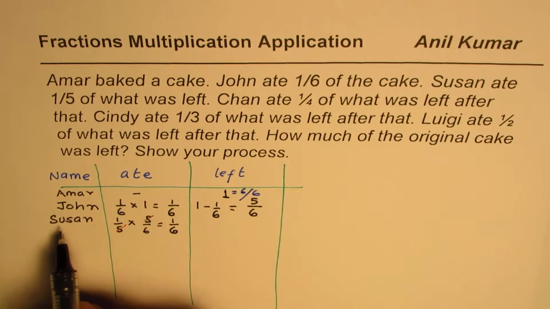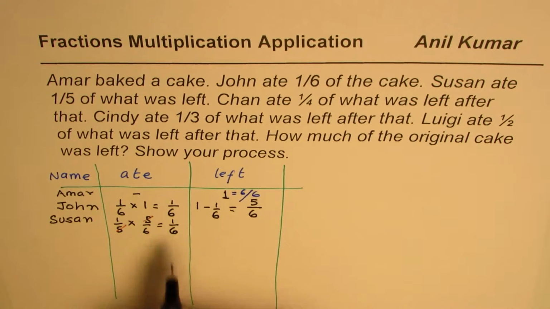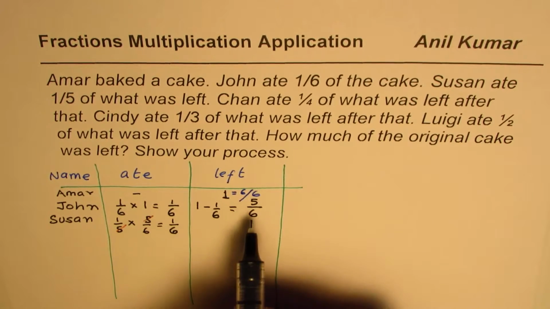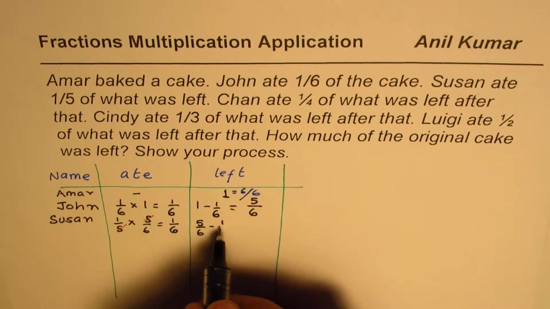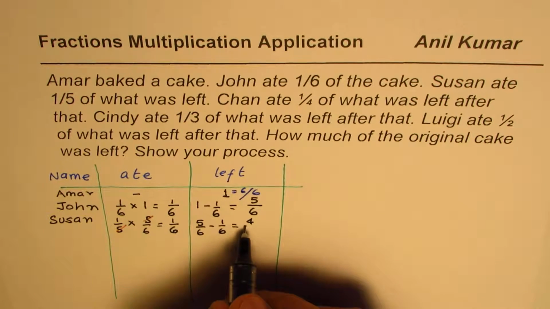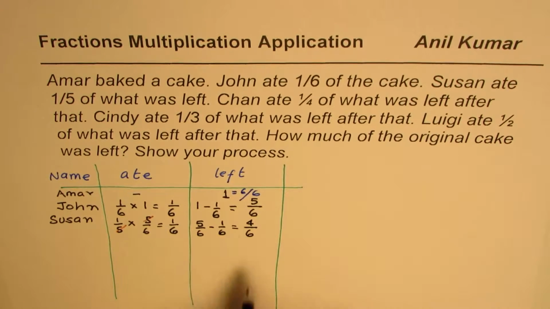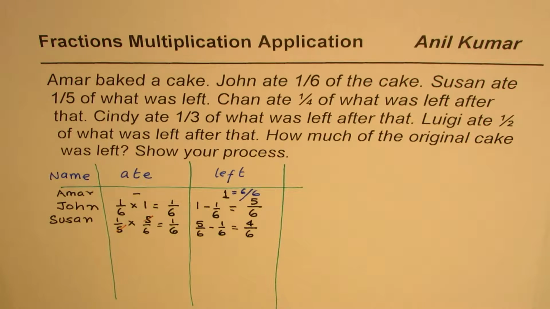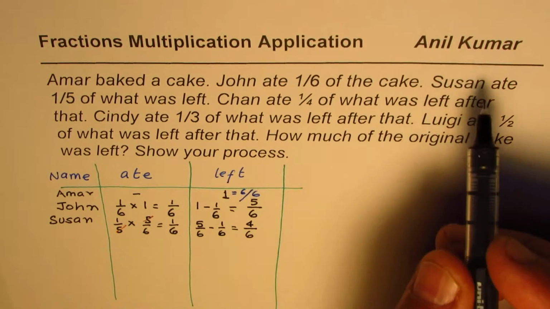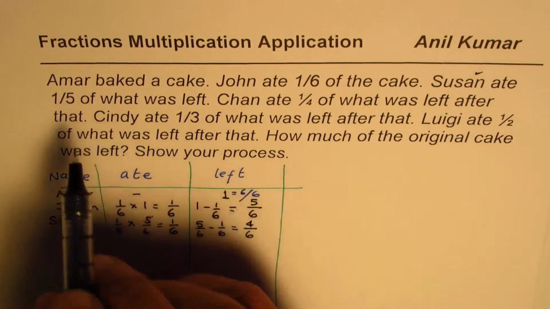So Susan also ate 1/6. Now what is left? It is 5/6 minus 1/6. 5 minus 1 is 4, so we'll write 4/6. I'm not going to simplify this because we need denominator 6 to do addition and subtraction. Let's move on. So we have taken care of Susan.